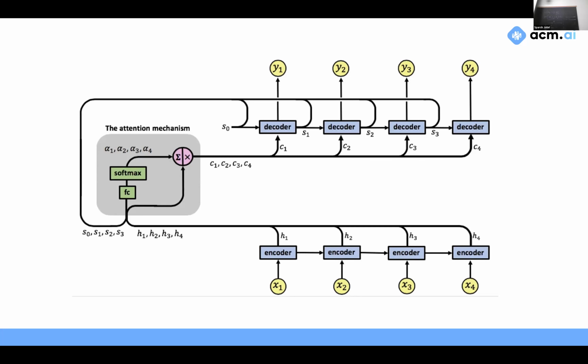How much should I care about it? It has to feed forward to get that value, and then it weights this hidden state by that value, and then it grabs the next hidden state. You get a similarity score for how much I care about it, it combines them, and then it uses that score to weight this. So this is pretty much just a weighted attention of all these.